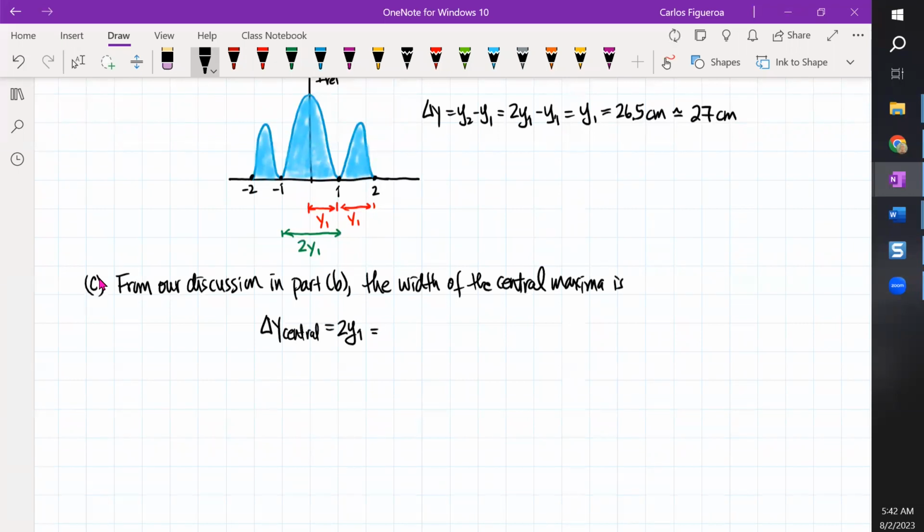If I multiply that number, I get 0.536 meters. I should have written this in centimeters. And this is the width of the central max.